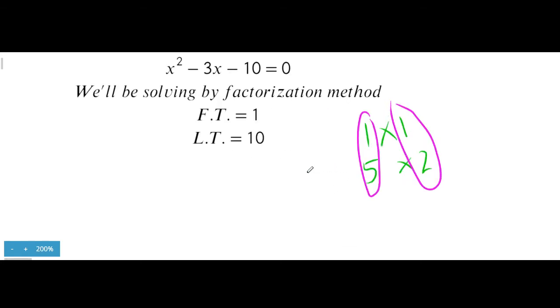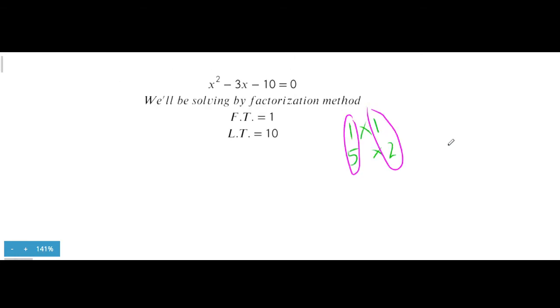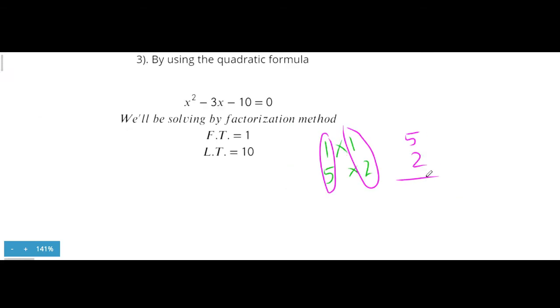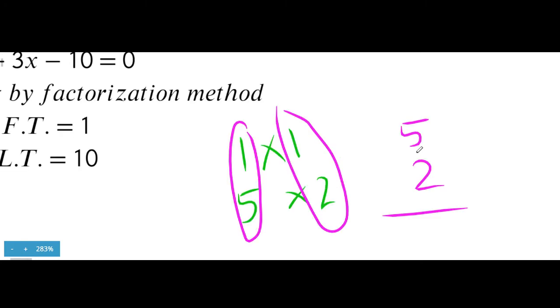So let's say we took this number 5 here. 5 into 1 is 5 and 2 into 1 is 2. Now here the thing becomes very important and critical: you have to assign the proper signs to your numbers. The sign which is there with the middle term should go to the bigger number, and as 3x is carrying a negative sign, that negative sign will be given to this 5, so 5 becomes negative.